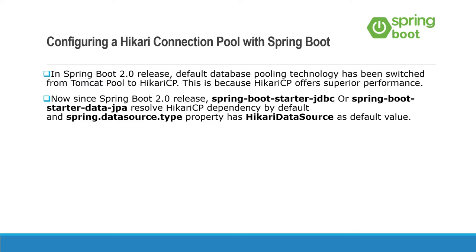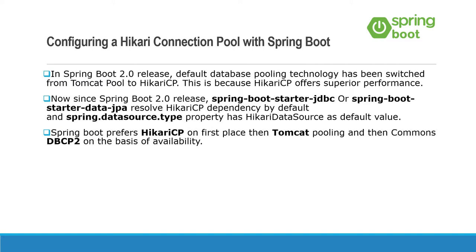But if you are using Spring Boot 1, then you have to add the Hikari dependency in your pom.xml if you are using Maven. If you are using Spring Boot 2, Hikari connection pool is the default one, and you don't need to specify the spring.datasource.type property as Hikari data source because that's the default from Spring Boot 2 onwards.